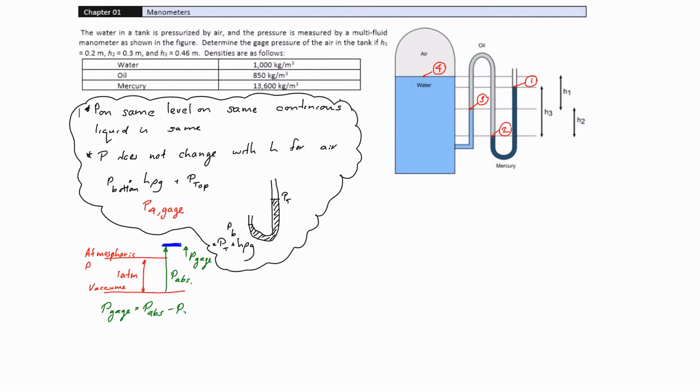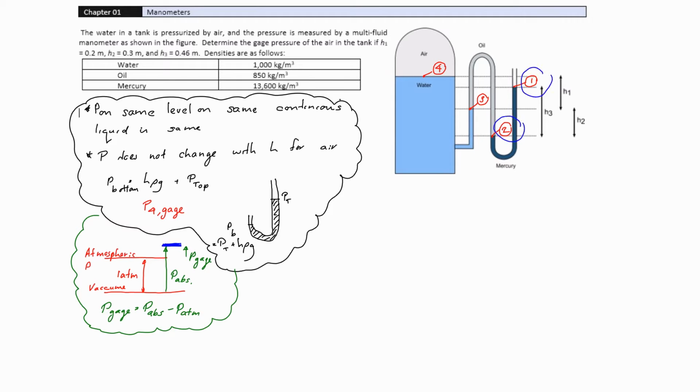Now when it comes to compound manometer problems, even though the system looks confusing and complex, what you have to do is apply the simple manometer equation several times to all liquid columns. So let's consider this mercury column between points 1 and 2.